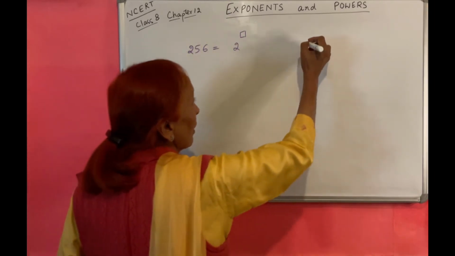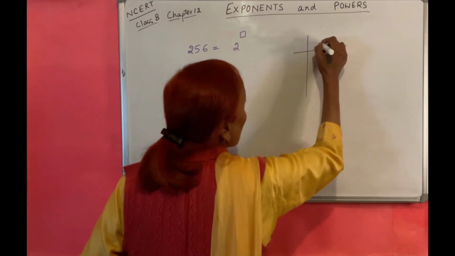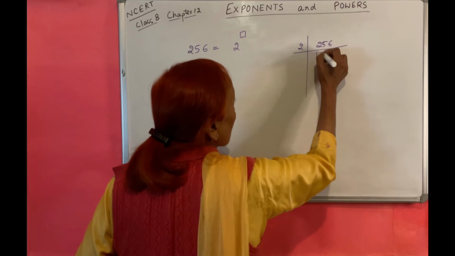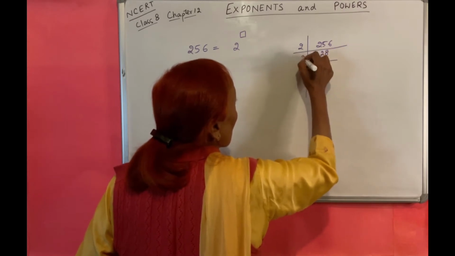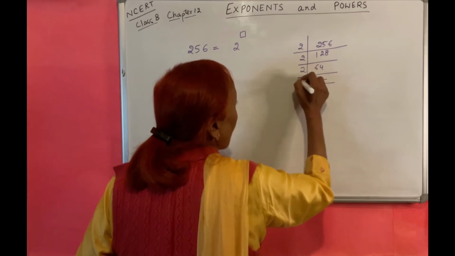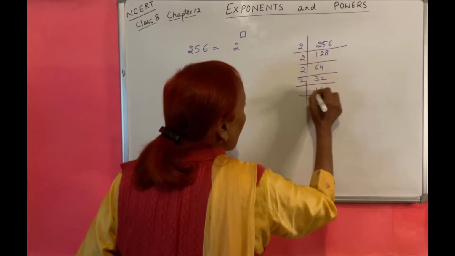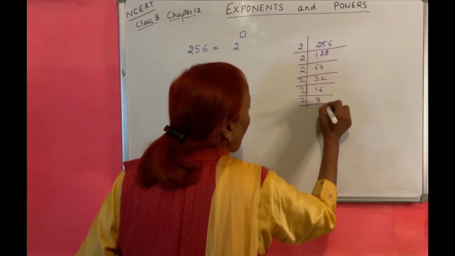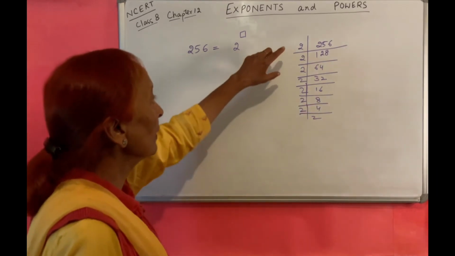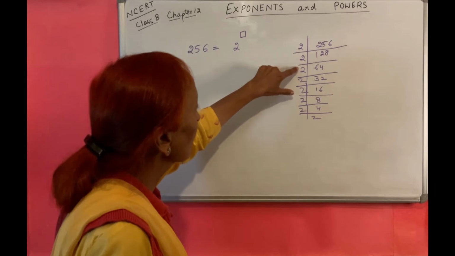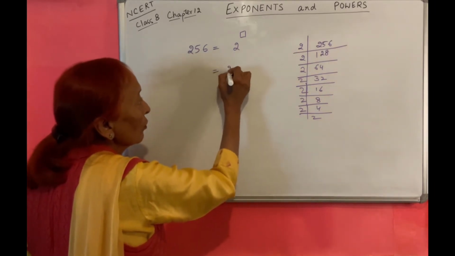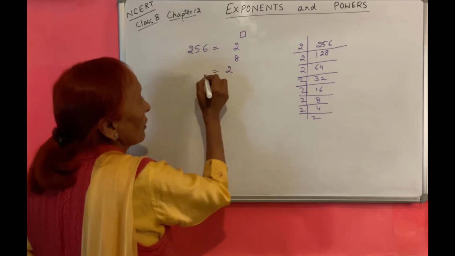That means if I factorize this number 256, so this is multiplied how many times? 1, 2, 3, 4, 5, 6, 7, 8. That means this is 2 raised to power 8.